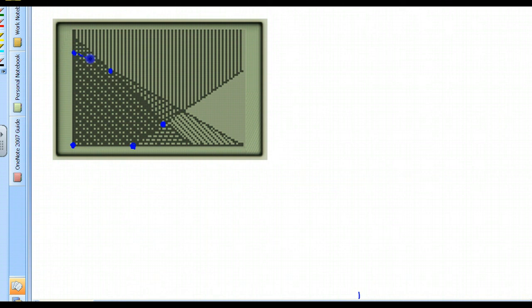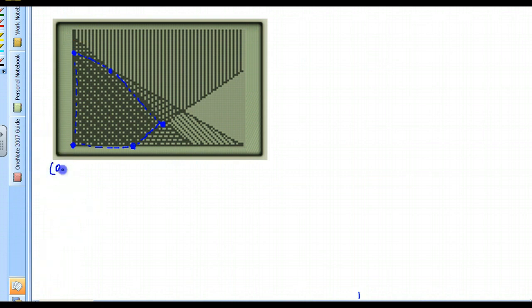Alright, so that's our region we're looking at in this problem. So it's this funky pentagon shape. So we've got to find those 5 points.